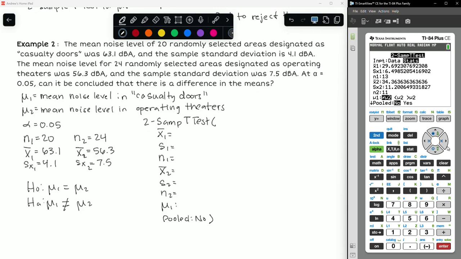So we'll go ahead and copy this over. 63.1, 4.1, 20, 56.3, 7.5, 24, and we're testing a difference or a not equal to.